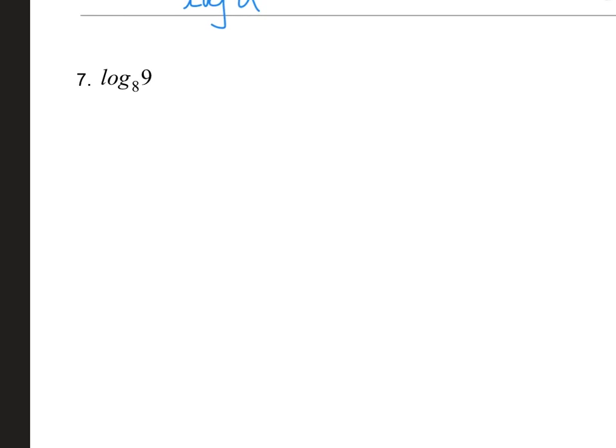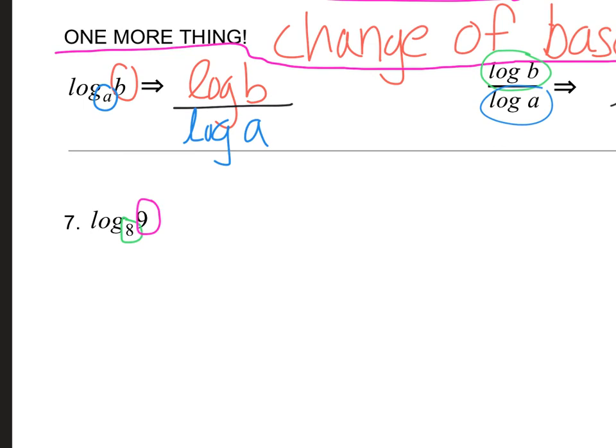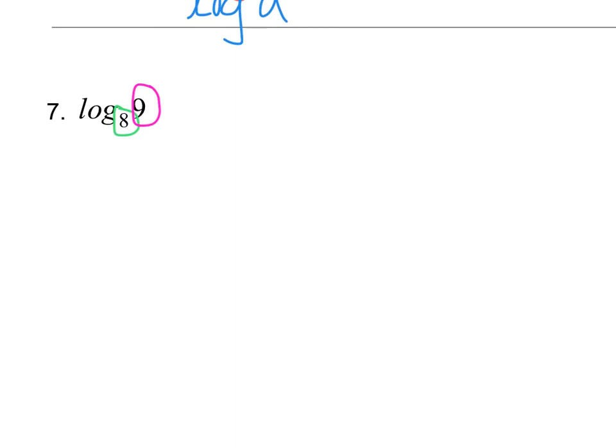Once you see it, you get it, and it's simple as that. So I've got log base 8 of 9. Remember, that big number, the number that you're taking the log of, b, goes on top. And the one on the bottom goes on bottom. Simple logic.